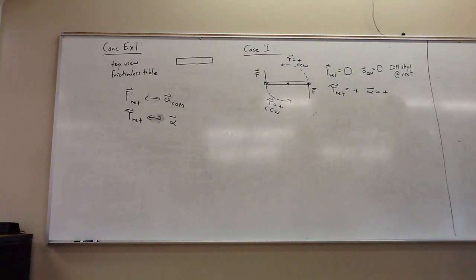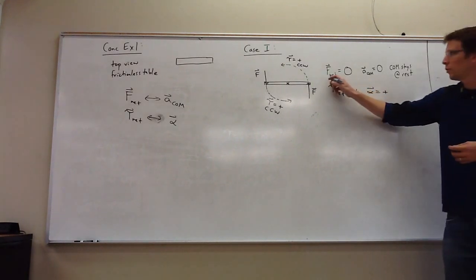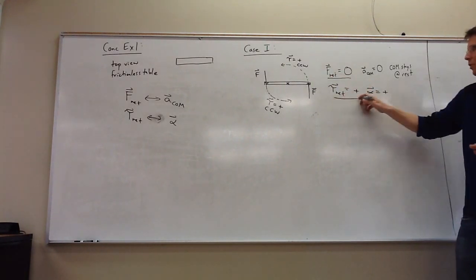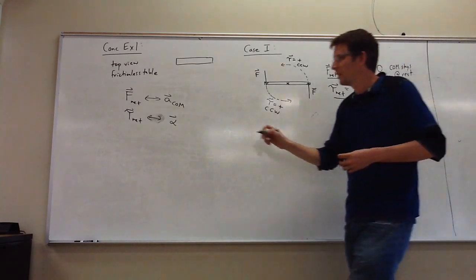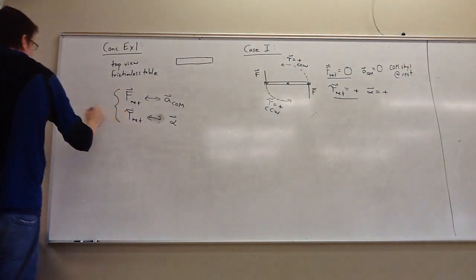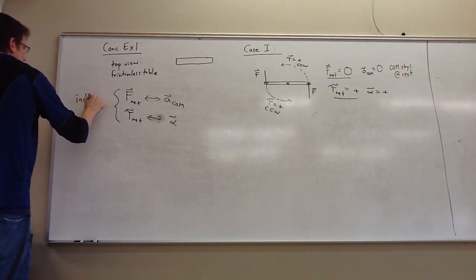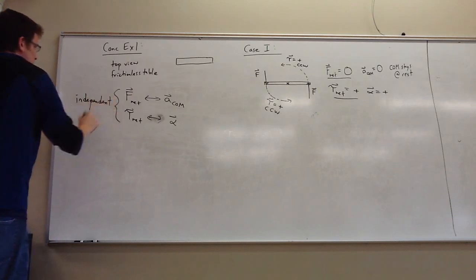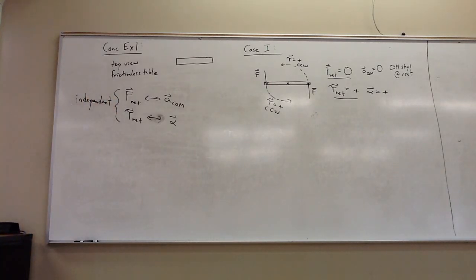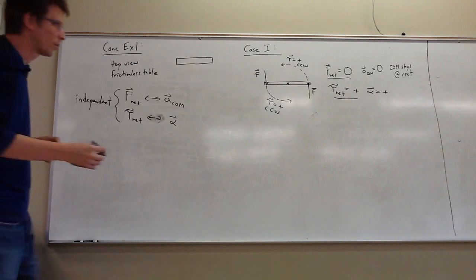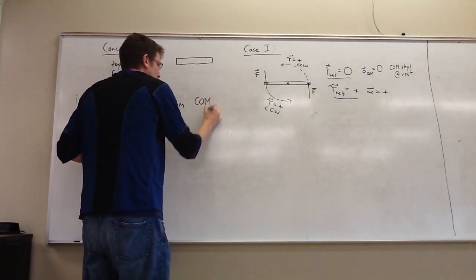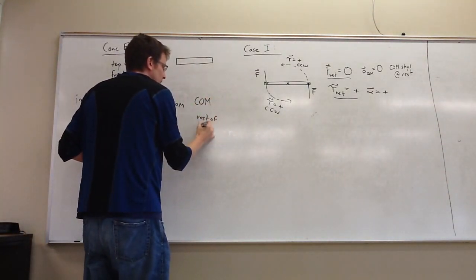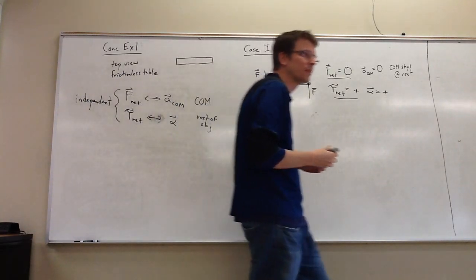In this case, we have a net force that's 0, but a net torque that's not. In fact, these guys are independent. What the center of mass does and what the rest of the object does are independent.